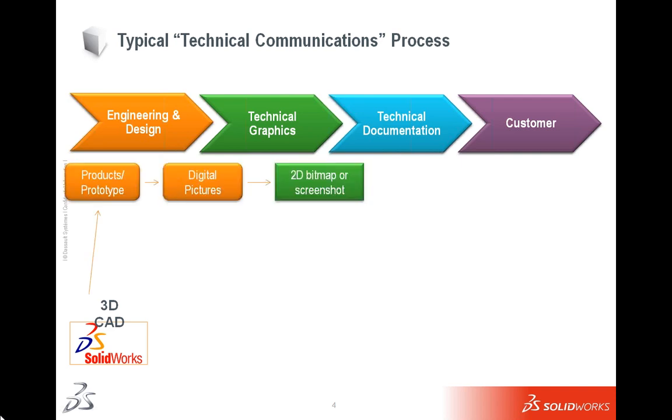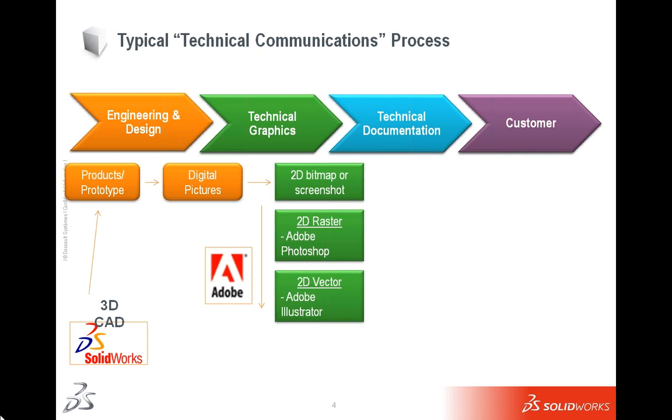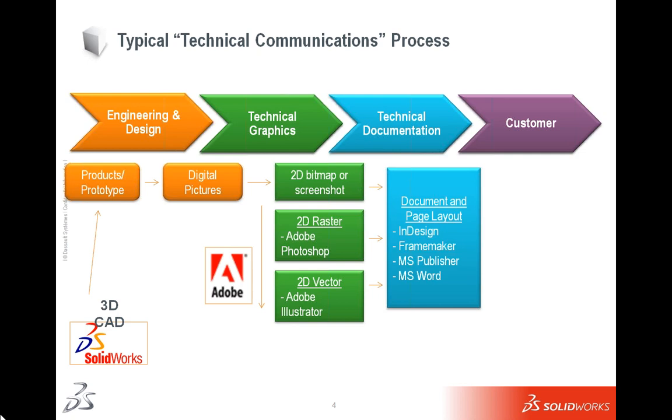As most of you said, you're doing digital pictures or bitmap screenshots using your CAD. That's the next step. This is where Adobe comes in, using raster and vector images. The next step, you're moving this over into InDesign or Publisher or Word. Then we're creating a PDF, which gets sent out to our customers, whether that be web, print, CD, or ROM. As you can see, it's a fairly long process.